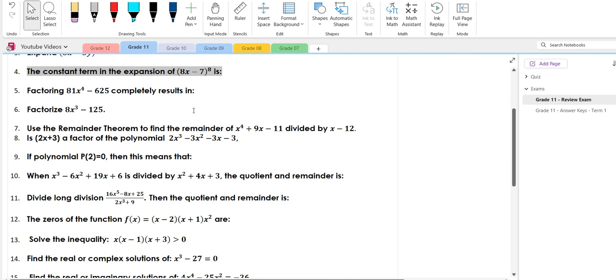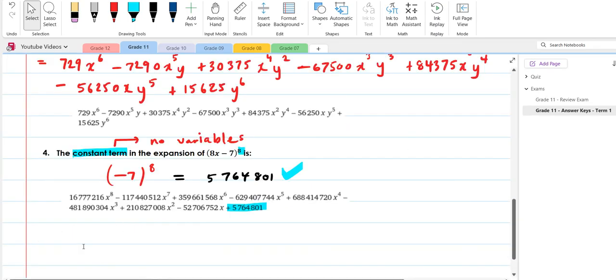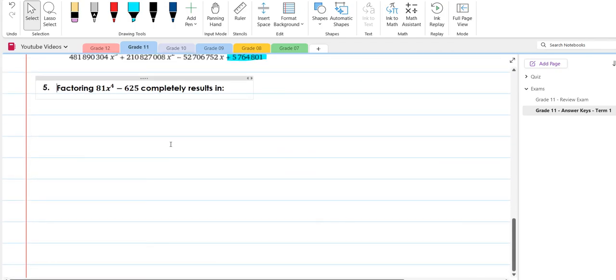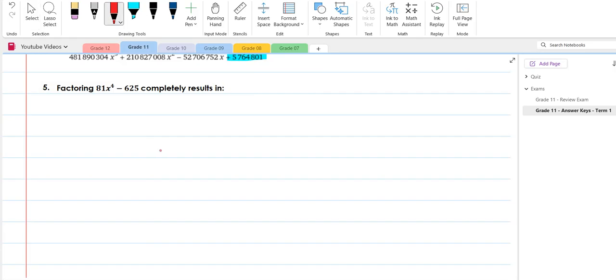Next problem. Yes, we want to factor some polynomials. Question number 5. How do we factorize 81x to the power 4 minus 625? We can think about this as being a square and that as being a square.